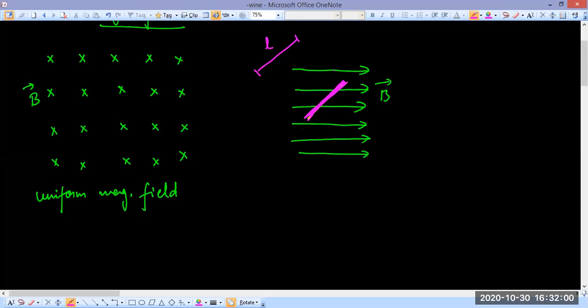Right, let's say this is a wire of length L, from P to Q. And suppose in this wire a current I is flowing.